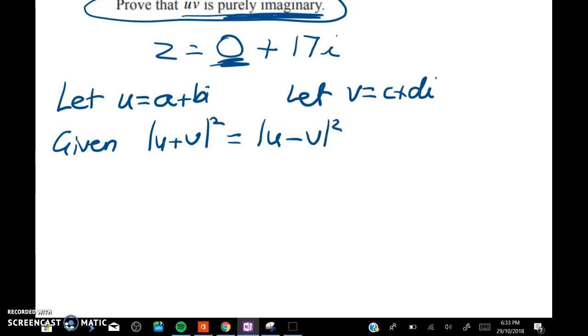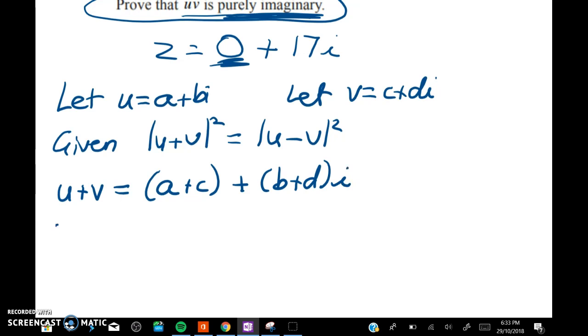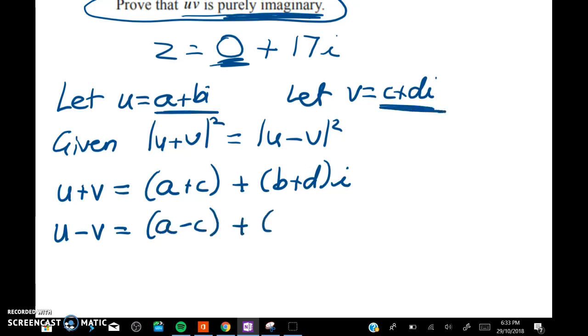So first we're going to work out what those two things are. So u plus v will be a plus c plus b plus d i. And u minus v will be this one, take away this one. So it's going to be a minus c plus b minus d i.